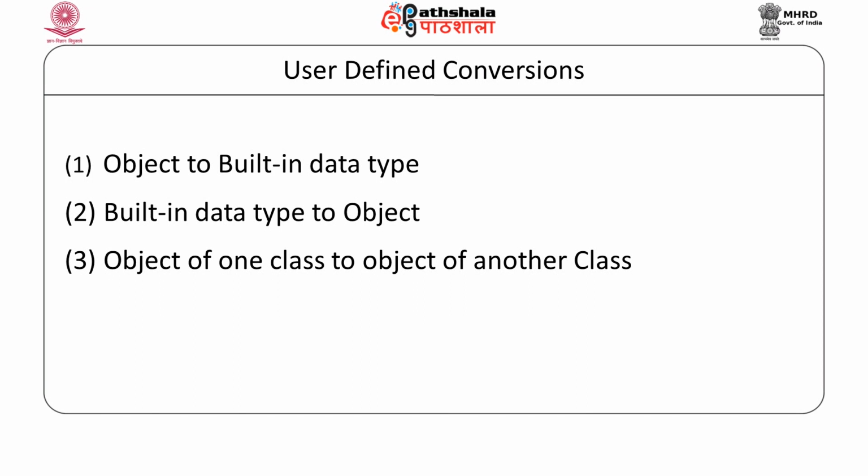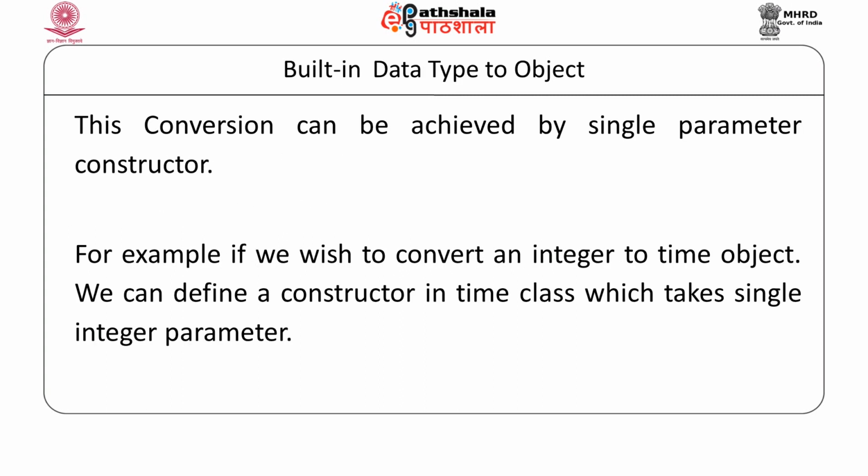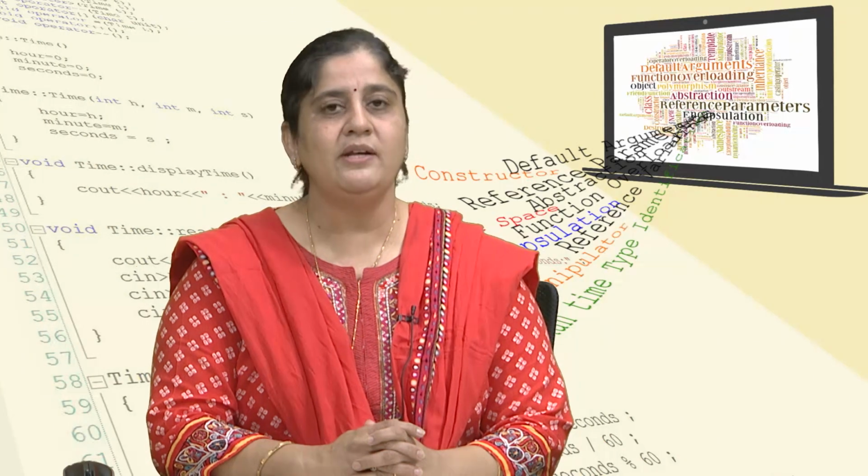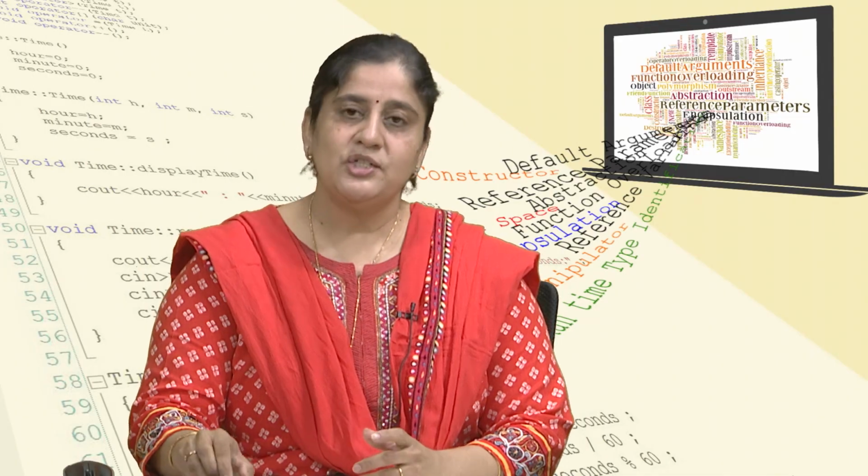So, first we will try to understand how to convert a built-in data type to an object. This conversion can be achieved by a single parameter constructor. For example, if we wish to convert an integer to a time object, we can define a constructor in the time class which takes a single integer parameter. Let us understand this with an example.